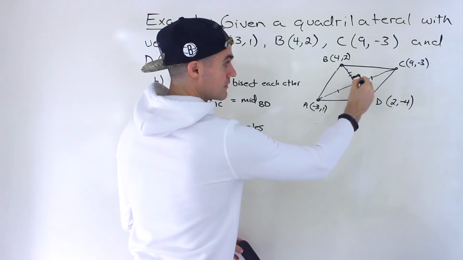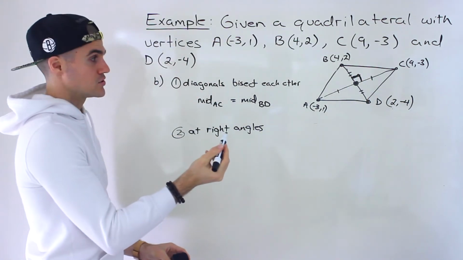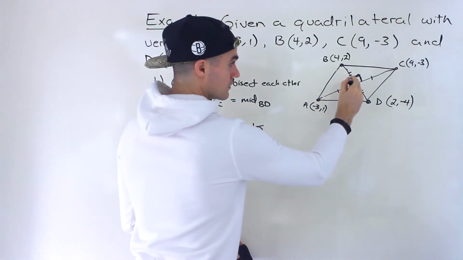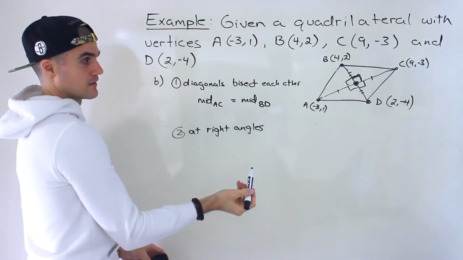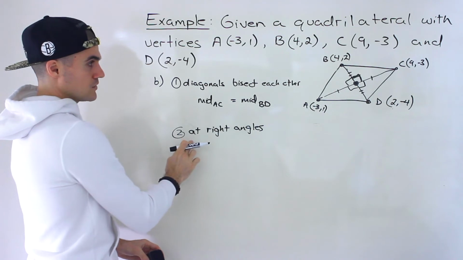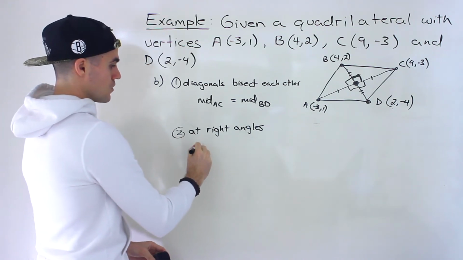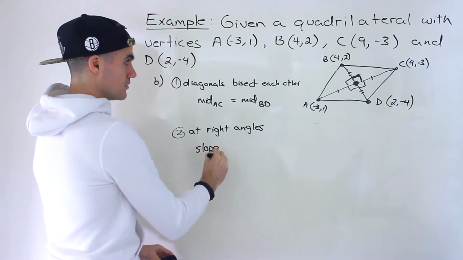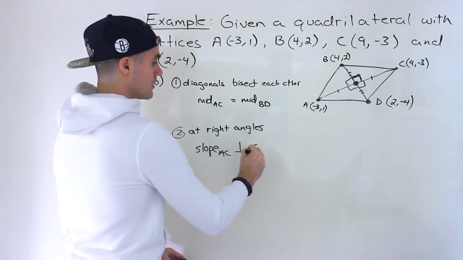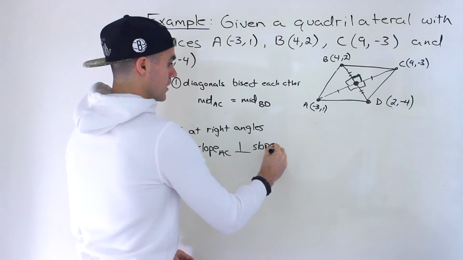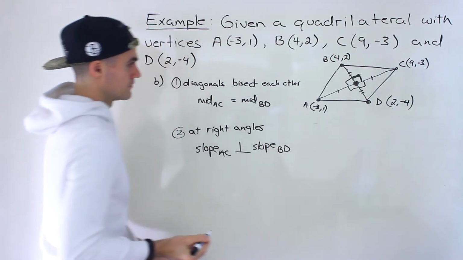And that means that there's going to be a right angle in between them. All of these are going to be right angles, like that. So all we have to do in number 2 is show that the slope of AC is going to be perpendicular to the slope of BD.